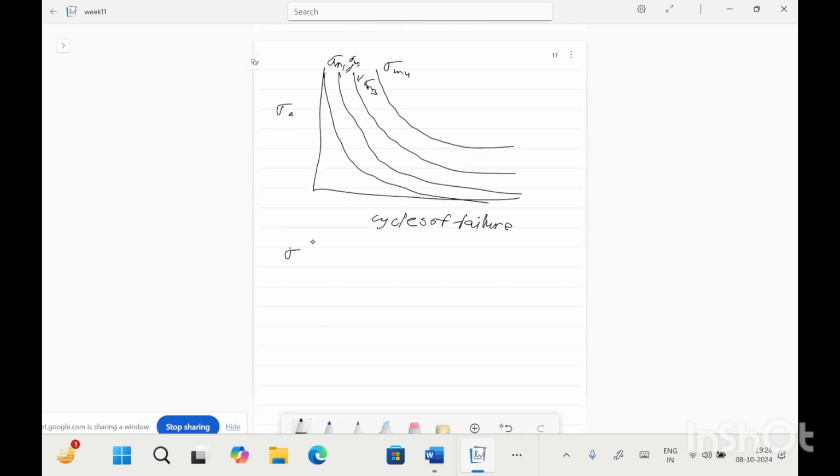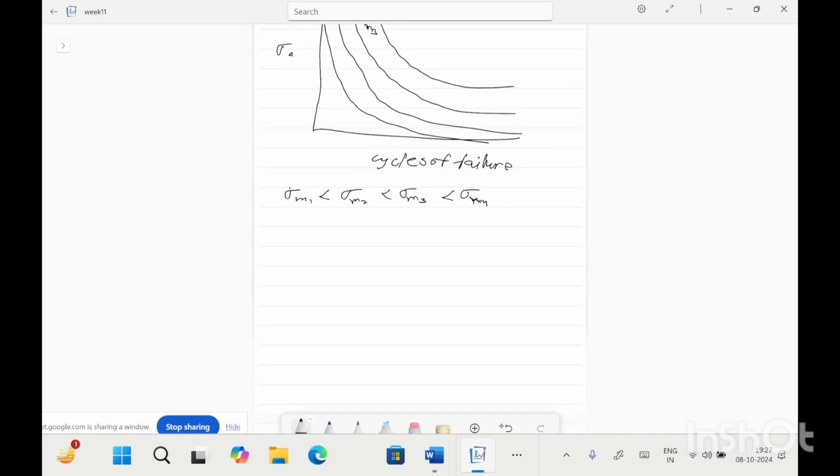The mean stress sigma m4 is greater than all the others: sigma m2 is greater than sigma m1, sigma m3 is greater than sigma m2. This depicts that as the mean stress becomes more positive, the allowable alternating stress decreases.